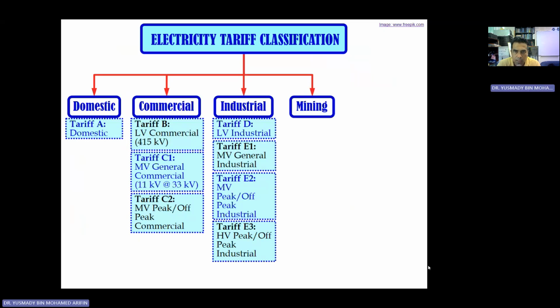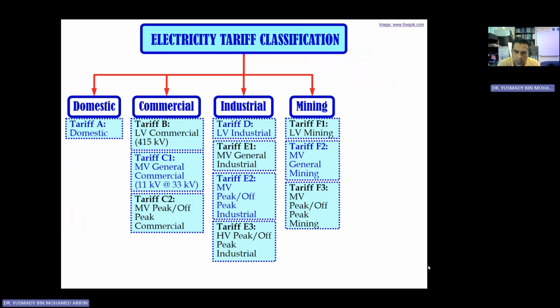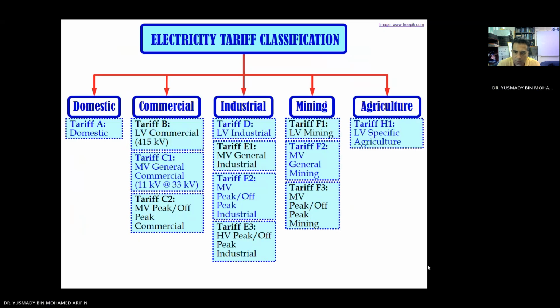Number 4, under the mining sector, we have tariff F1 low voltage mining, tariff F2 medium voltage general mining, and also tariff F3 medium voltage considering the peak and off-peak mining. And the last one involves agriculture.